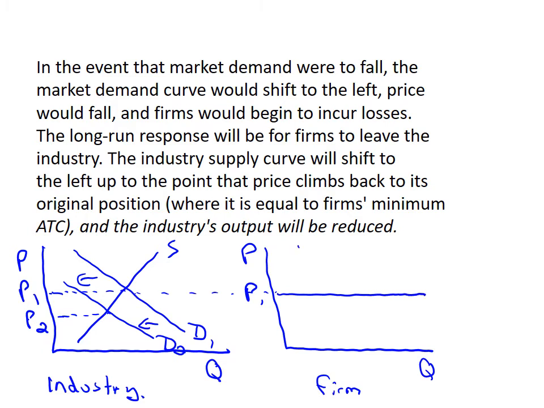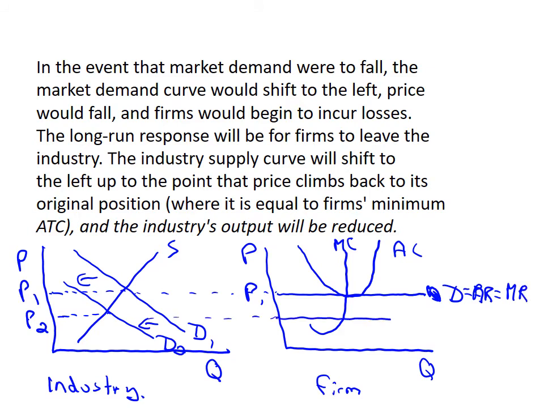And we've got the original situation where you've got normal profits only, average cost, marginal cost, you've got D equals AR equals MR. And then you've got the price coming down here.